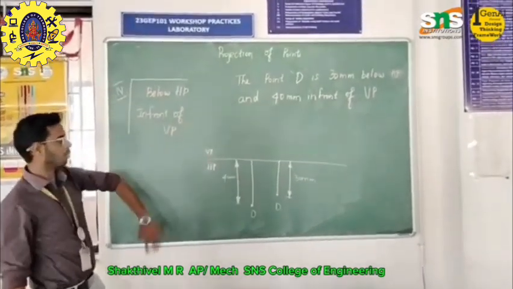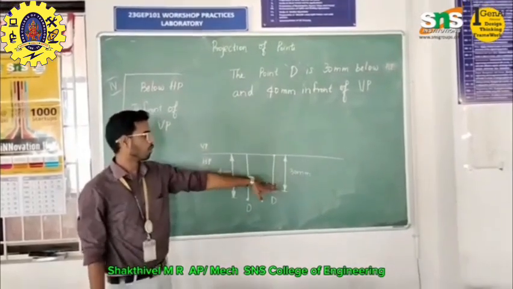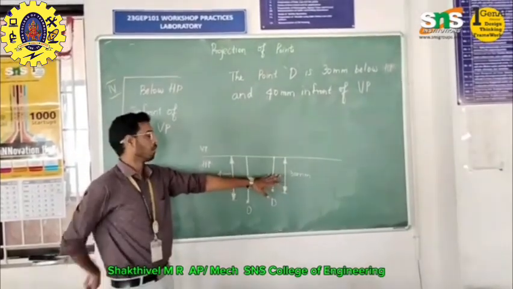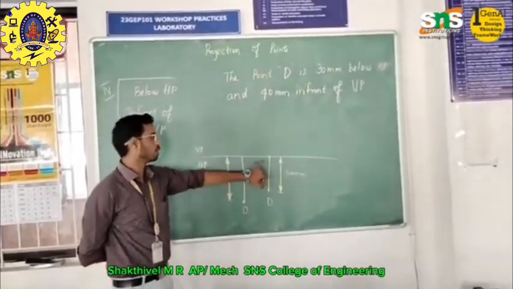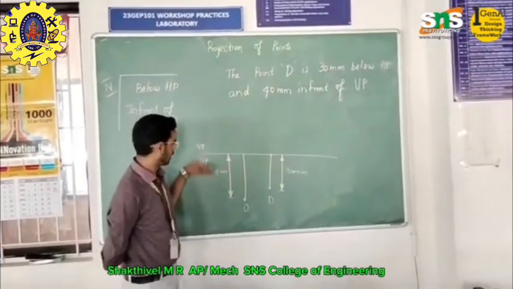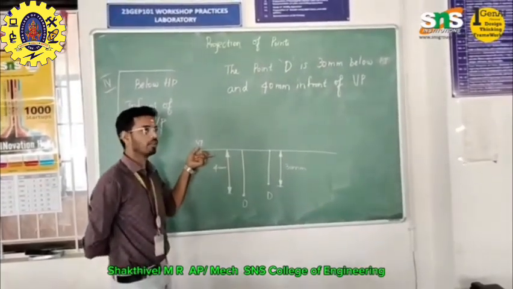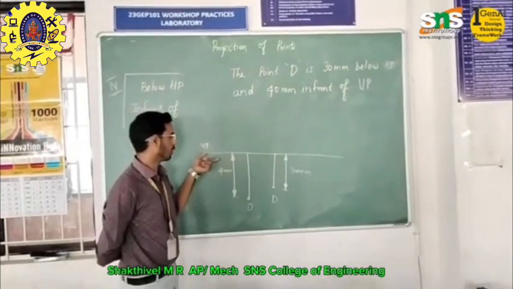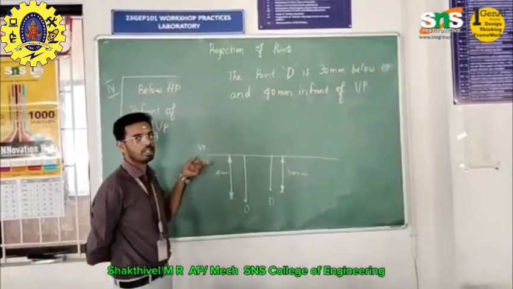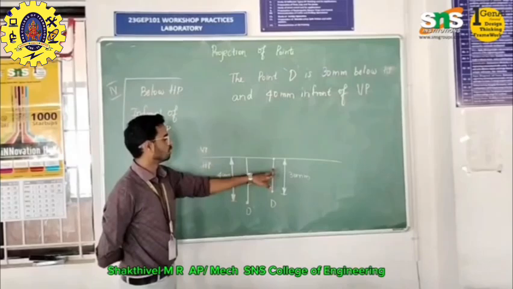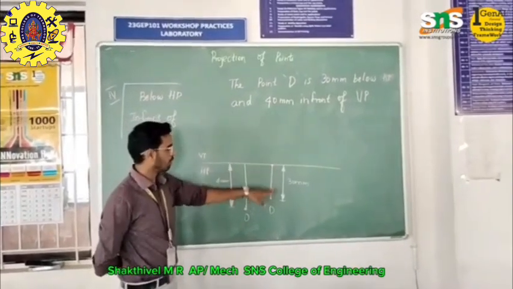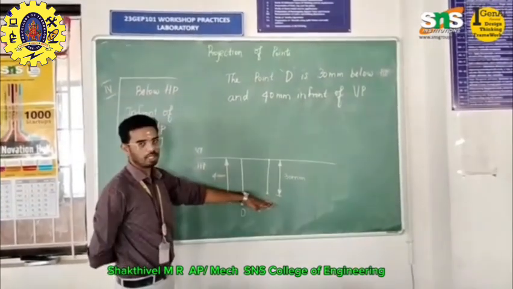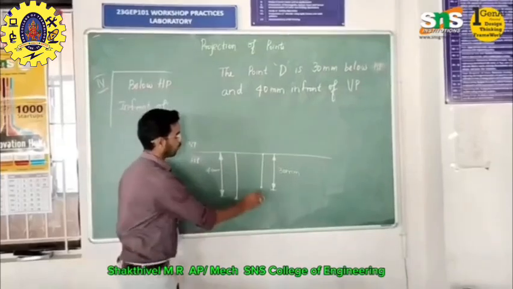Now on the point D, we are going to draw 30 mm. That is the common reference plane, which we already know about. Below this it is HP and above this is VP. So 30 mm below HP is this point.